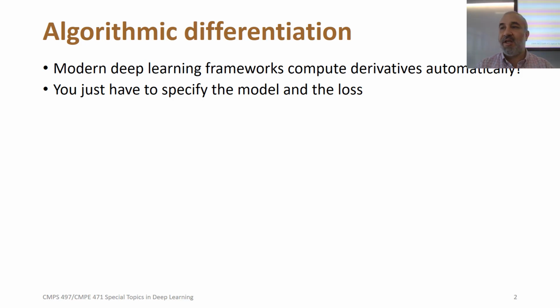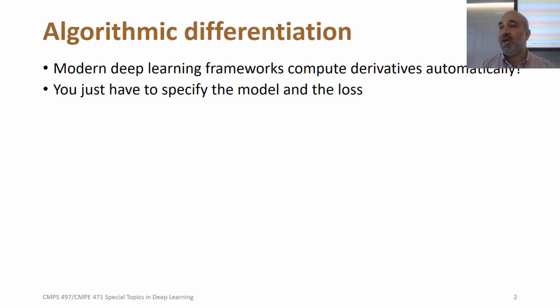What we actually really need to do is to specify what is the model in terms of the architecture of the model, how many parameters, how many hidden units per layer, how many layers, things like that. And we also define, of course, the loss function.